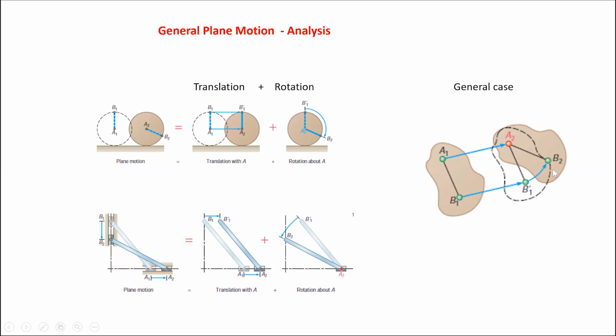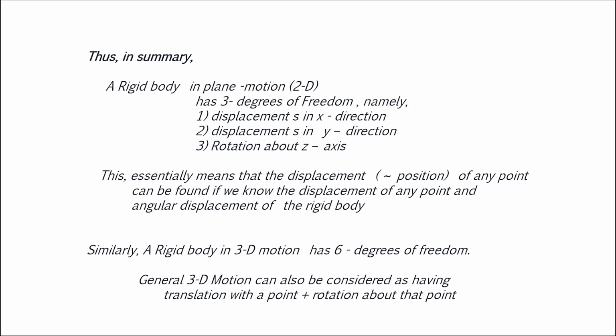Whether you take A as the reference point and B is rotating about A, or you take B as the reference point and A is rotating, you will get the same. And the interesting point here is that the rotation is the same.